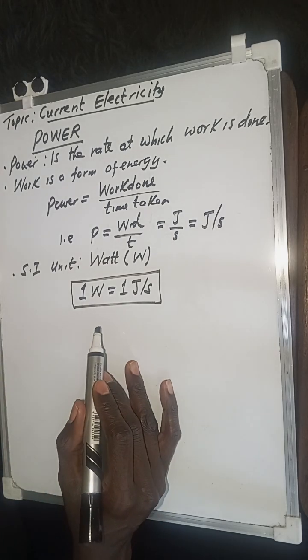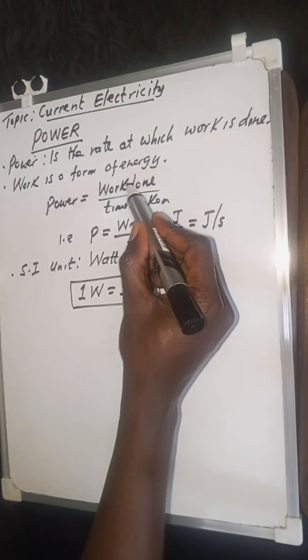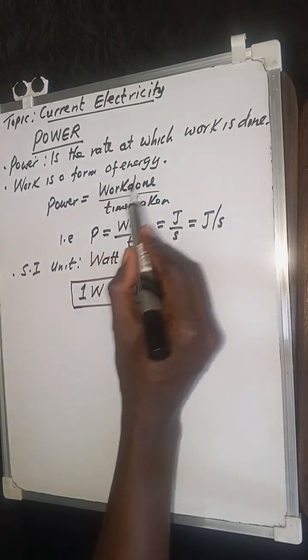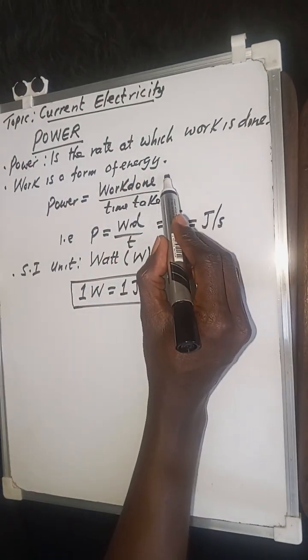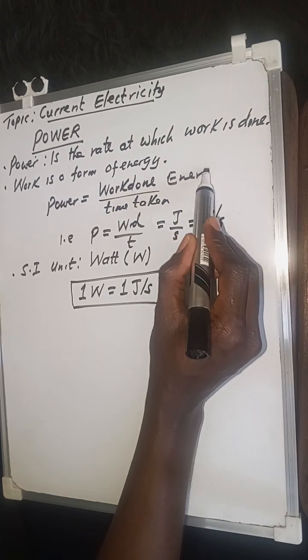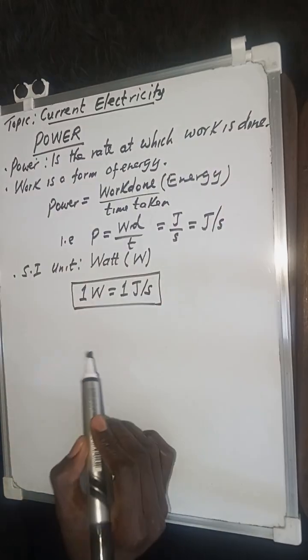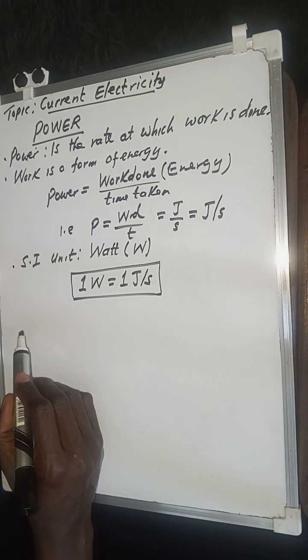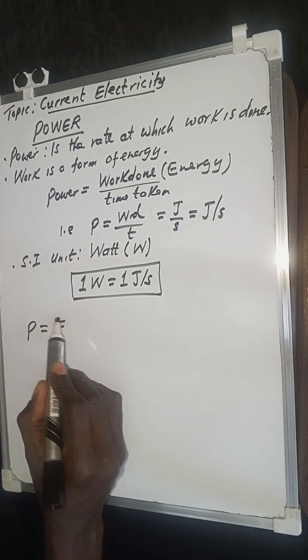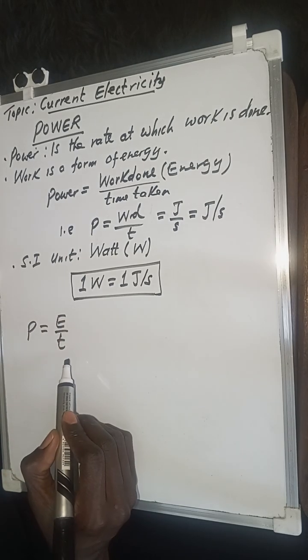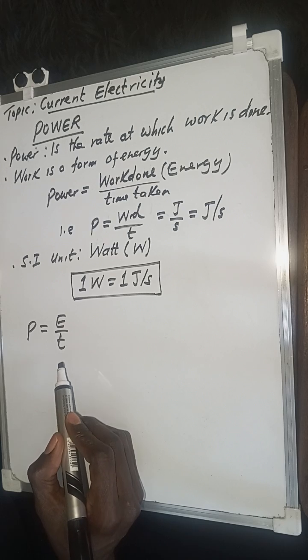Now let's try to manipulate this formula, because we are saying that work is a form of energy, and therefore where there's work, I can simply put energy, because work is simply a form of energy. We can therefore say that power is equal to energy divided by time.